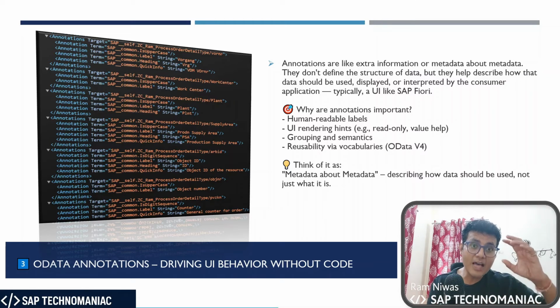Based on this data only, our Fiori framework understands how this particular UI field will be generated on the front end based on this particular metadata. So this is a very important part of our UI architecture. It will help dynamic UI generation whenever we run a Fiori application.